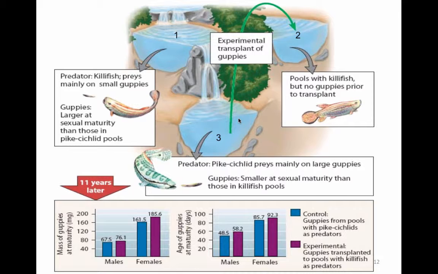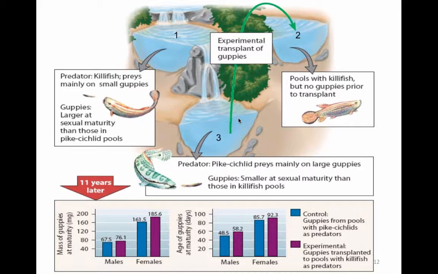The findings are similar when the average age of guppies living with the killifish, purple, are compared to the average age of the guppies living with the pike cichlid, blue, as is demonstrated by the bar graph on the right, where the vertical axis measures the age in days of guppies at maturity. When guppies are moved from pike cichlid pools, blue, to killifish pools, purple, their average age at maturity increases for both sexes.